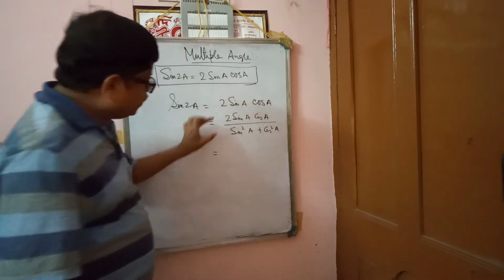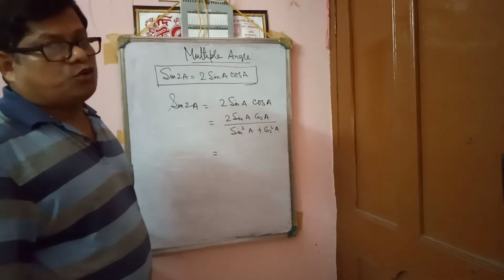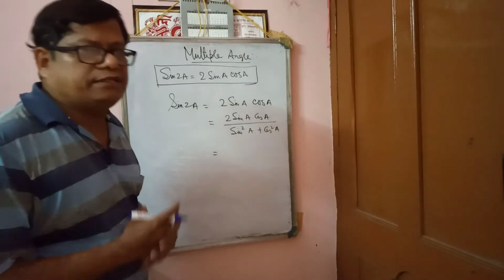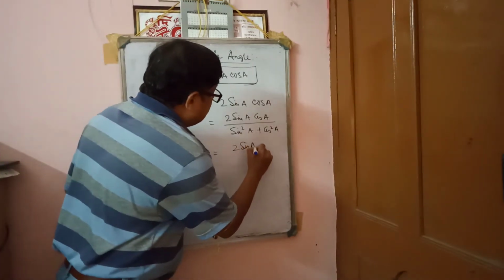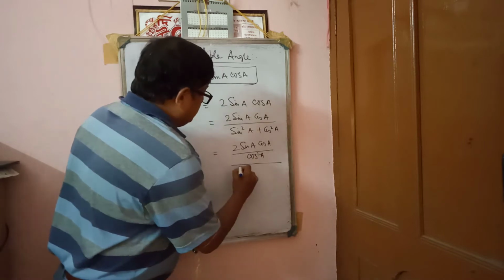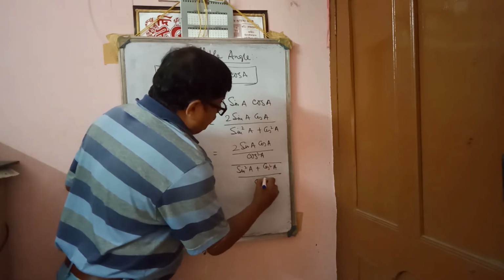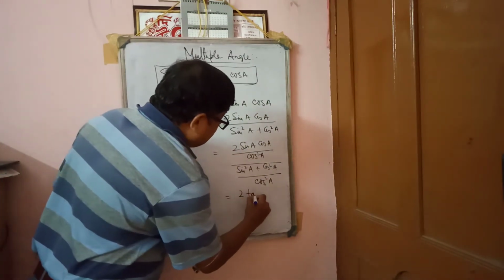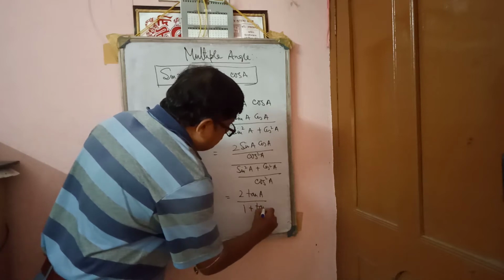Now divide both numerator and denominator by cos square A. So 2 sin A cos A by cos square A divided by sin square A by cos square A plus cos square A by cos square A. Cos cancels, so we get 2 tan A by 1 plus tan square A.